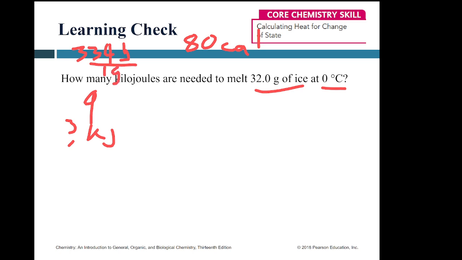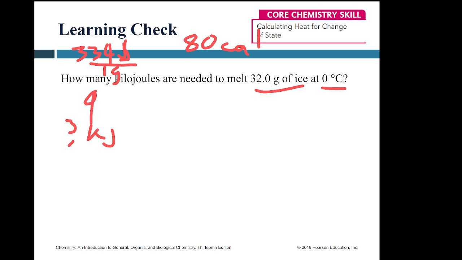Over gram, right? Okay. So, we need to do two things to have this solved. We need to take joules and go into kilojoules. We also need to get rid of grams. Gotta get rid of grams, don't we?